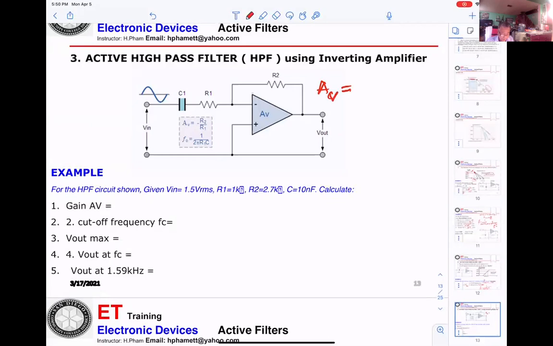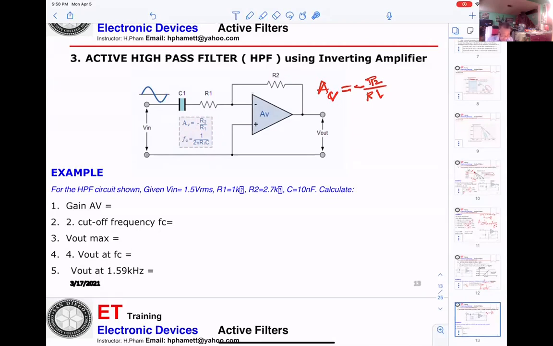The gain of the op-amp is minus R2 over R1. That is how you get the gain, and that's what we already gave you right here: minus R2 over R1. And if you want to calculate the cutoff frequency, you also already have the formula here. Same thing: 1 over 2 pi R times C.